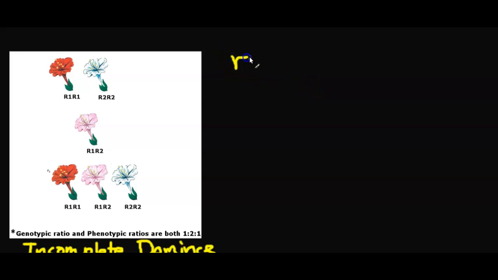So red, we're going to have R1, R1. Then I'm going to put the heterozygote in between. Pink. So it's something in between both parents. This is the heterozygote.